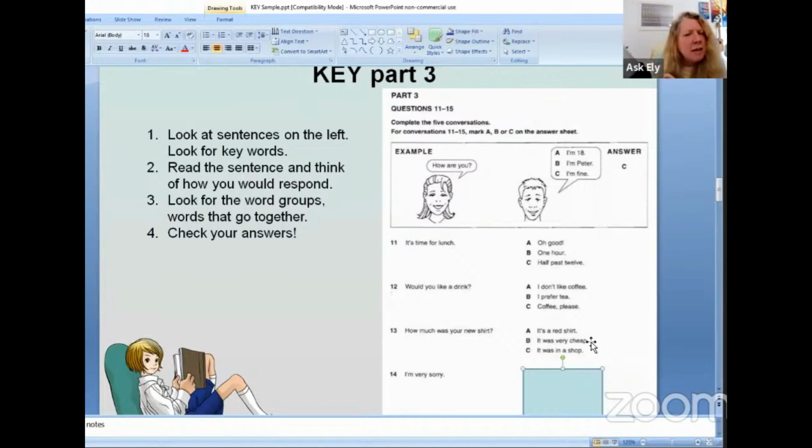Now, is that a lot of money or a little bit of money? Cheap is a little bit of money. What's the word for a lot of money? If you said expensive, that's right. Expensive. Okay, so B must be the right answer. How much was your new shirt? It was very cheap.